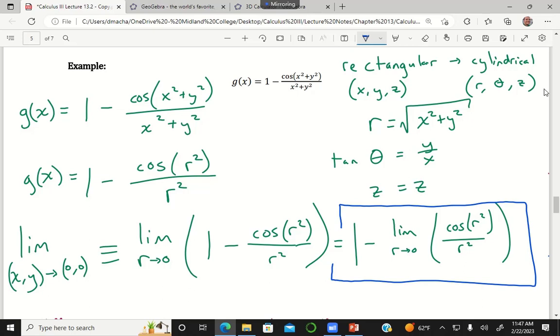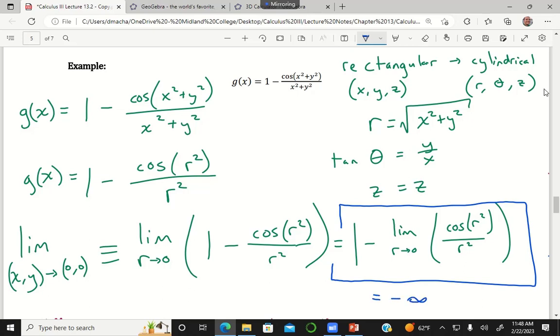In the denominator, r is approaching 0, so r squared is approaching 0, and since it's squared, it's always positive. So we have a positive numerator approaching 1 and a positive denominator approaching 0, so the ratio is approaching positive infinity. If I have 1 minus positive infinity, then this limit is negative infinity.